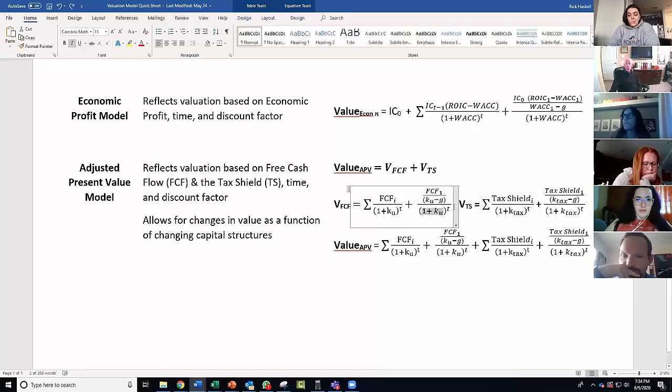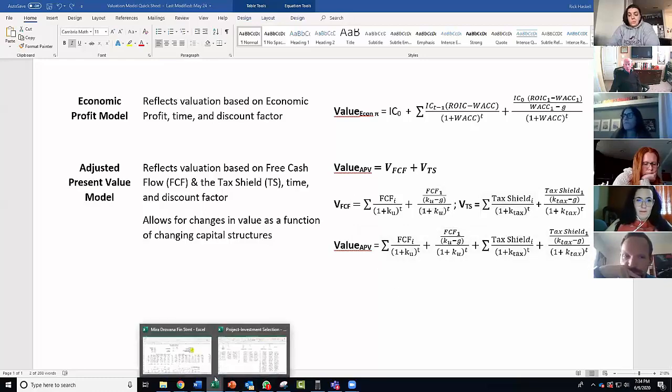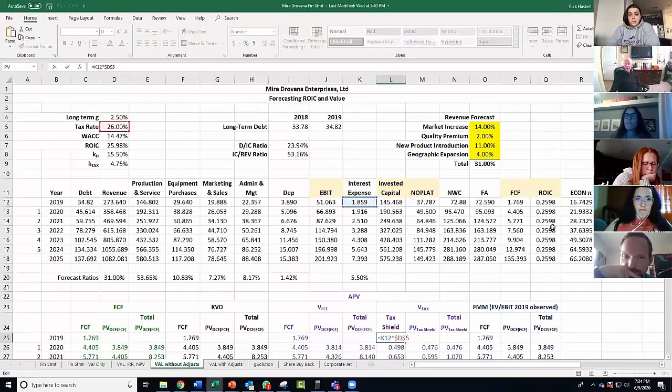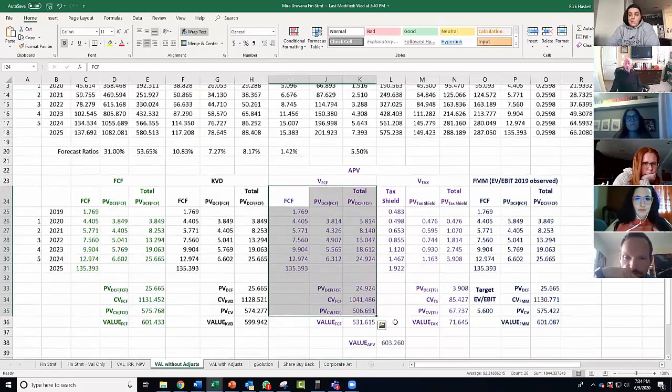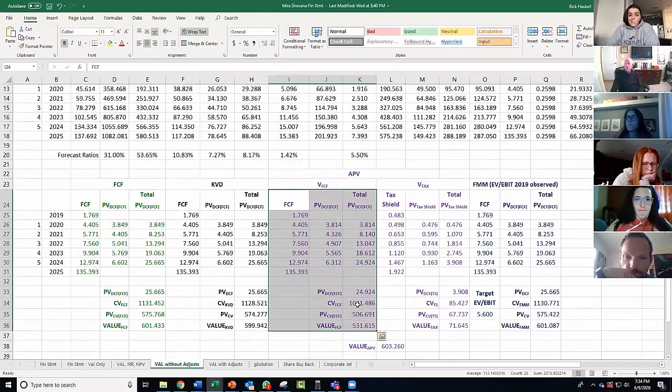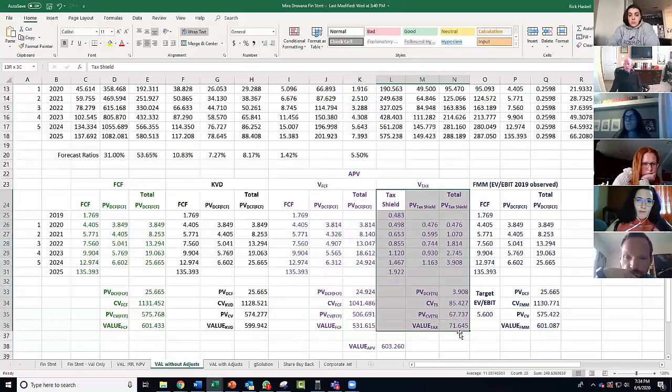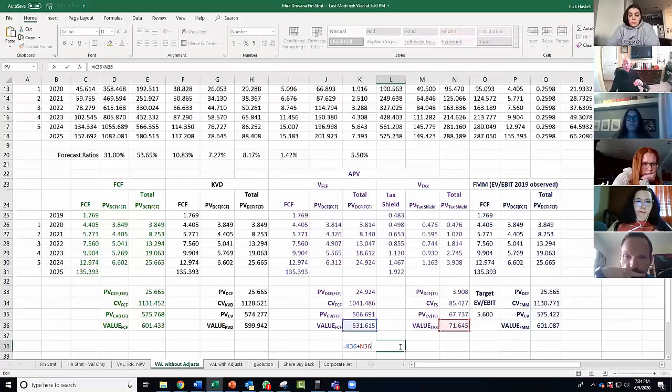But if you know what these are, and frankly you do, because you have estimated all of them, you can motivate the adjusted present value model. You come up with one present value based upon the free cash flows, and the next value based upon the tax shield, and you add them together and it gives us a value.